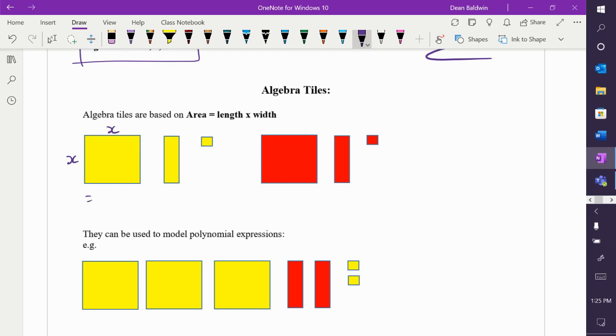If you multiplied to get the area, it'd be x times x, which is x squared. So the big yellow, or in your case the lightly colored one, represents x squared. If it's red or dark, it represents a negative x squared.